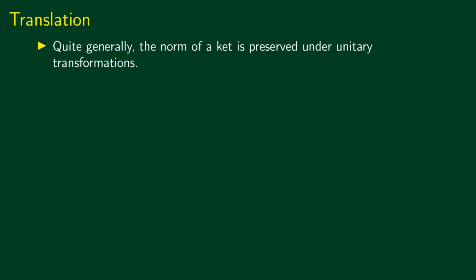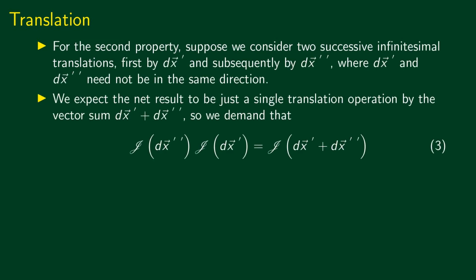Now, quite generally, the norm of a ket is preserved under unitary transformations. So even if it's not normalized to 1, whatever the norm of the ket is, it is preserved under unitary transformations.